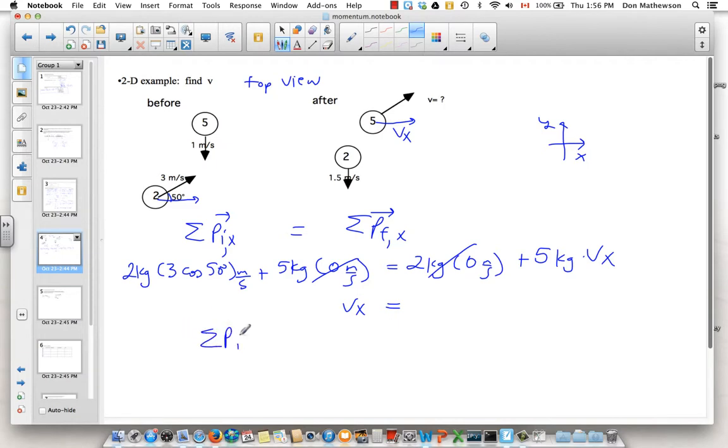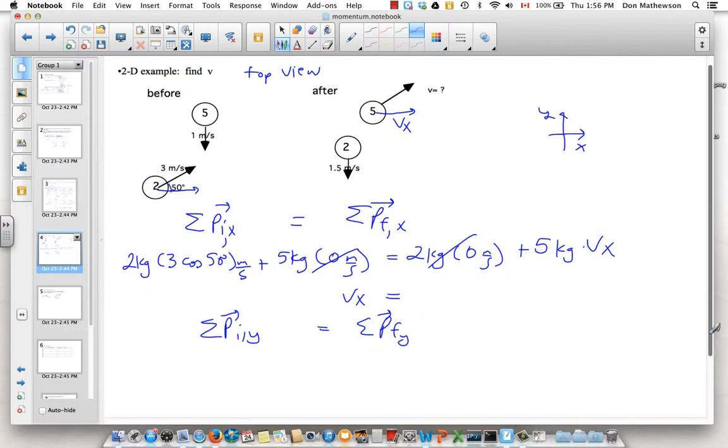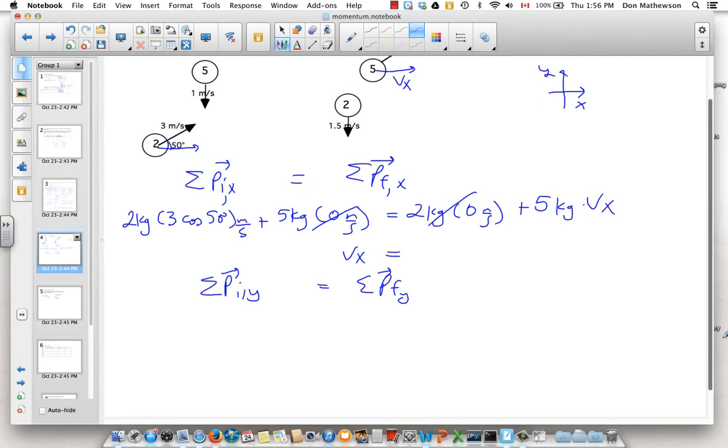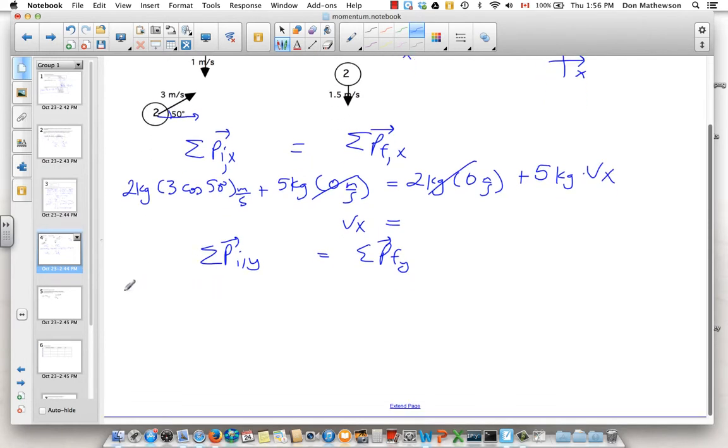Next, the initial y component will equal the final y component of momentum. And so here we've got the 2 kilograms, and its y component is upwards 3 sine 50.